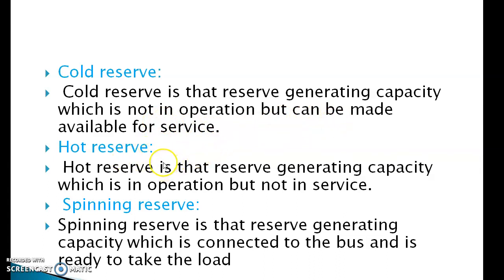Hot reserve is that reserve of generating capacity which is in operation but not in service. Spinning reserve is that reserve generating capacity which is connected to the bus and is ready to take the load.